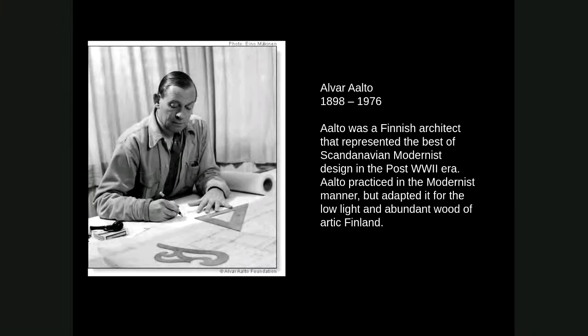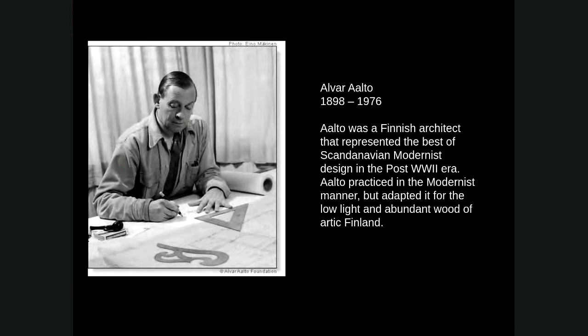So an early both expressionist and regional modern architect is Alvar Aalto out of Finland. Eliel Saarinen was another Finnish architect. He comes to America. Aalto stays in Finland.